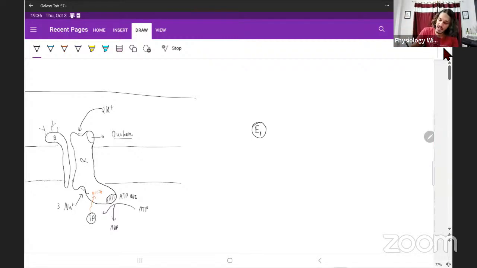In the E1 stage, it is already attached with the ATP. Okay, this is when your sodium will come and bind to it. Sodium has bound to it. Okay, now what is going to happen? Your E1 will become E1P. How will it become E1P? By ATP hydrolysis.